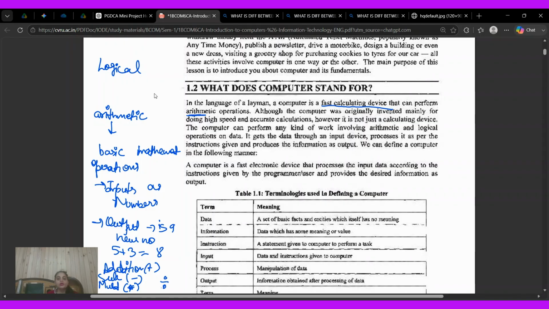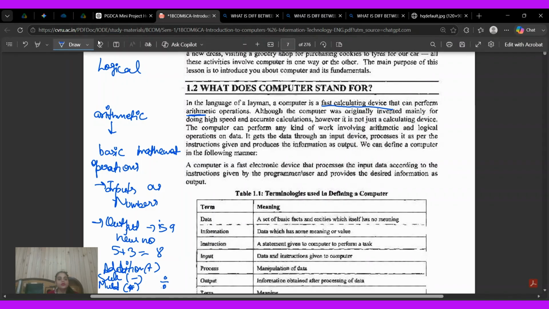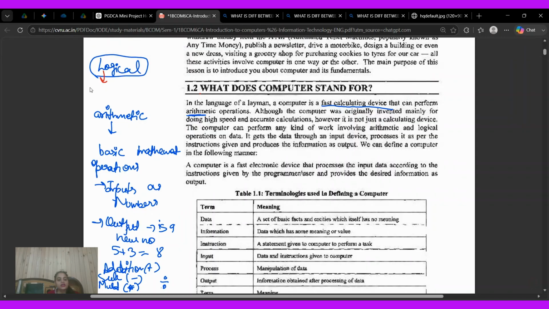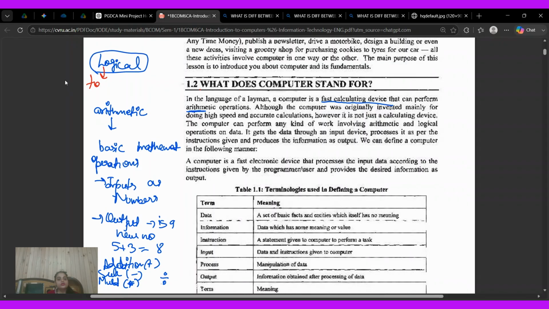And now when we talk about logical operations, basically they are used to control the flow of a program or a hardware, for example to determine if a user has the correct password and is over 18.